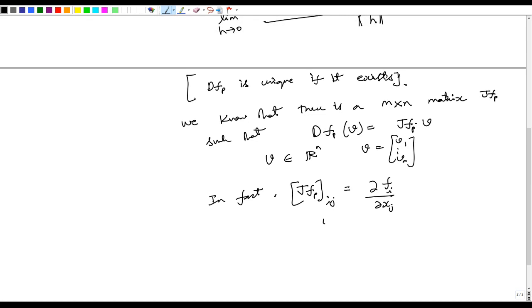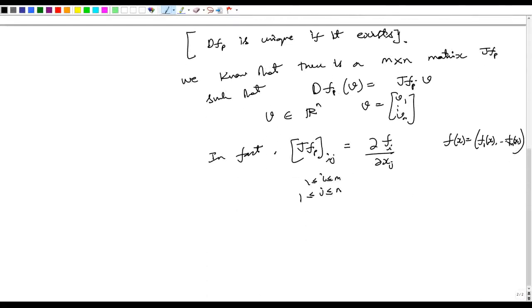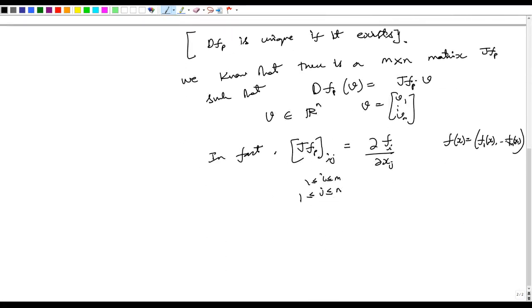Here i runs from 1 to m, j runs from 1 to n. So this F is F(x) equals (F_1(x), ..., F_m(x)). So this is the Euclidean side of the story, and this is what one encounters in multivariable calculus.